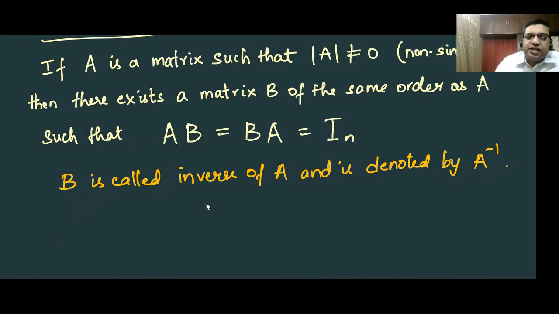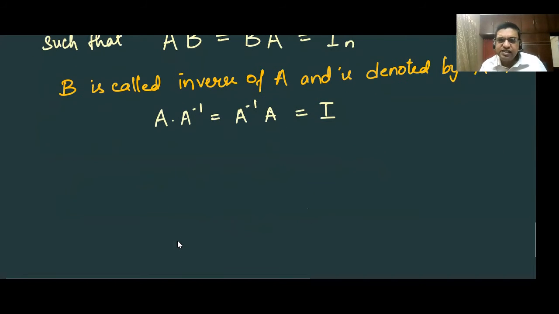So basically we want A into A inverse is equal to A inverse into A is equal to I. We want to find what this matrix A inverse is.